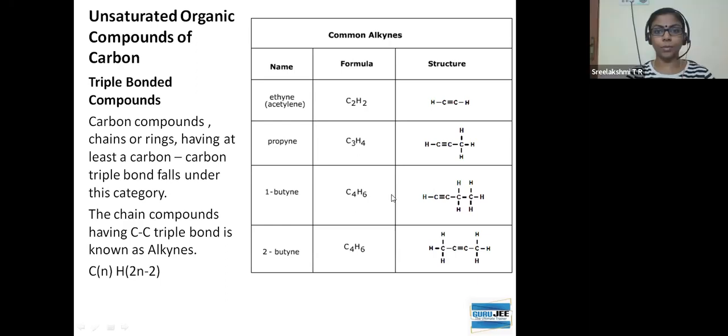Completed, all of you? Anybody yet to complete? Please put on the raise hand icon. Any reasons? No reasons. Shall we move forward?